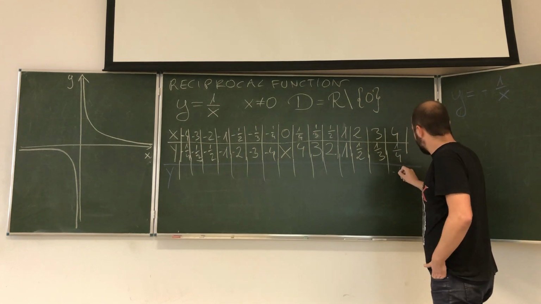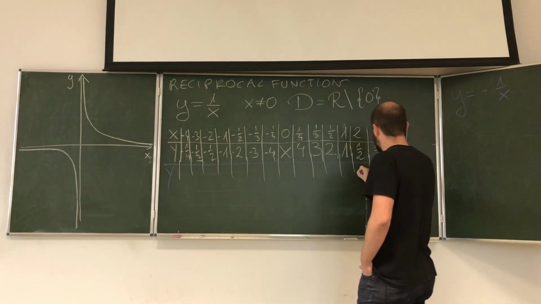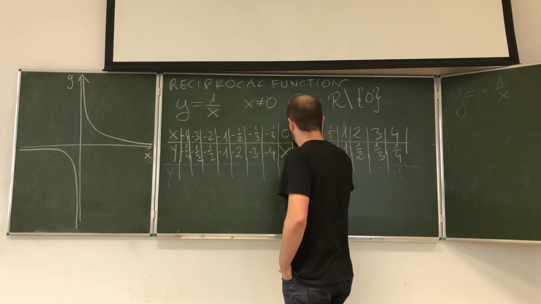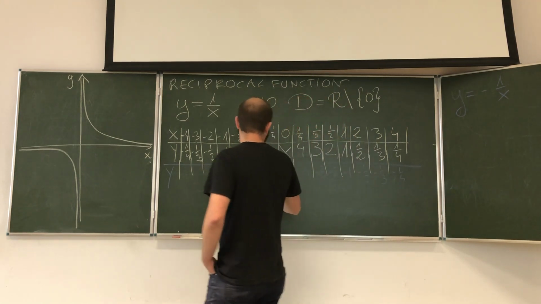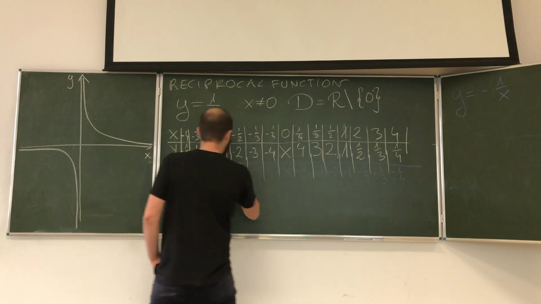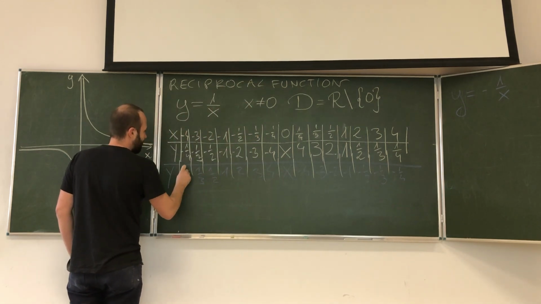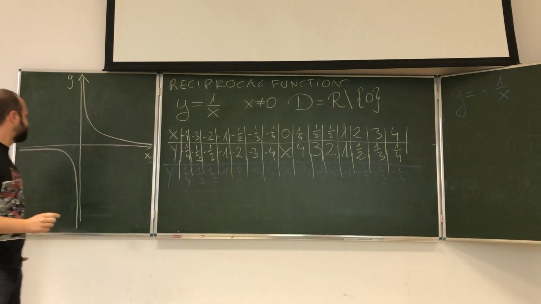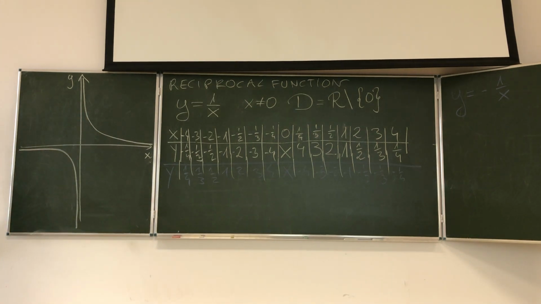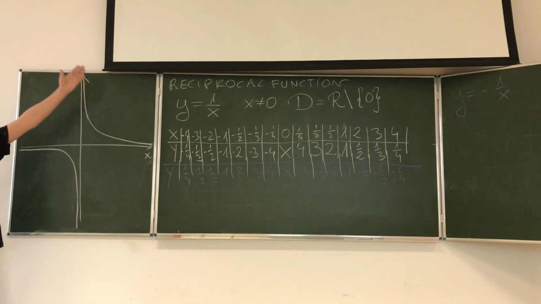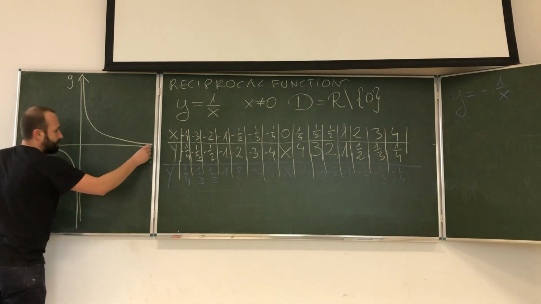We would get -1 over 4, -1 over 3, -1 over 2, -1, -2, -3, -4, still nothing. 4, 3, 2, 1, 1 over 2, 1 over 3, 1 over 4, right? So, what is going to happen? Look, all the positive values are now becoming negative.